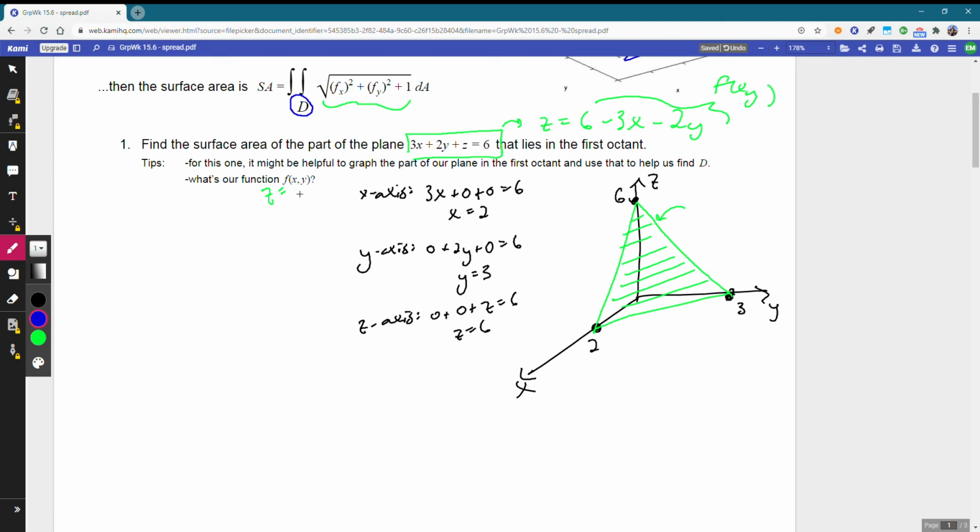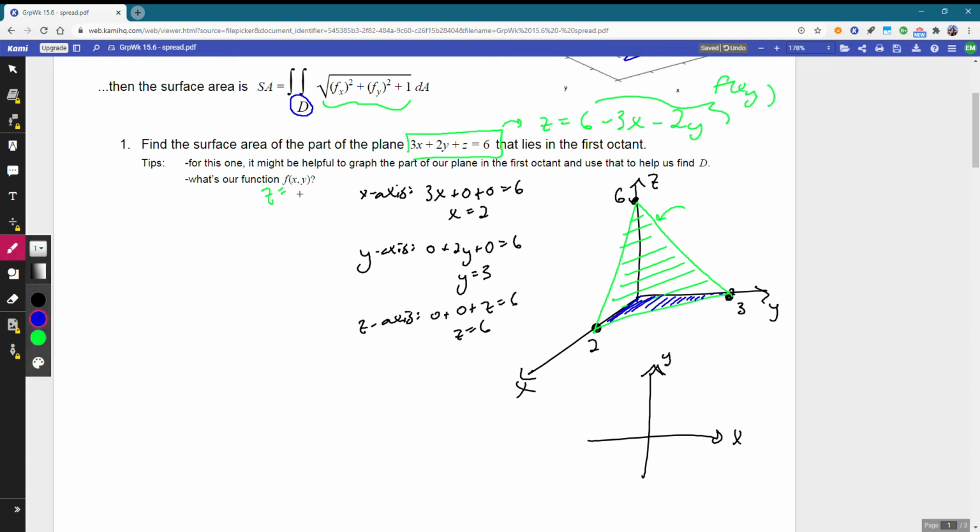Looking at our picture, the shadow of our plane in the xy plane is this triangular region inside. We can see what this is going to look like if we draw this in 2D.